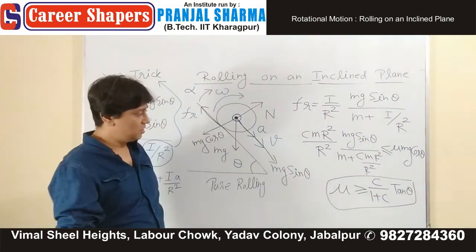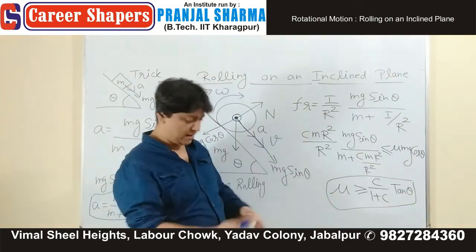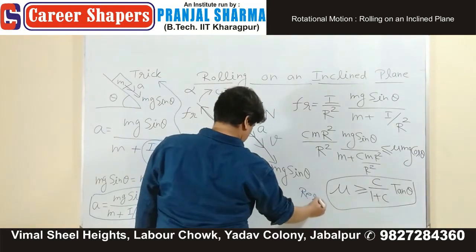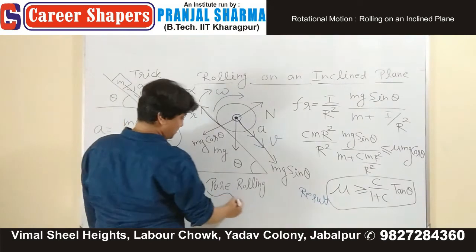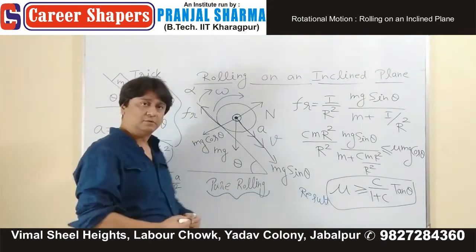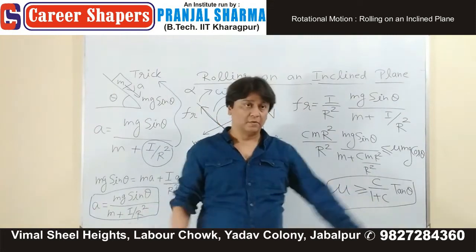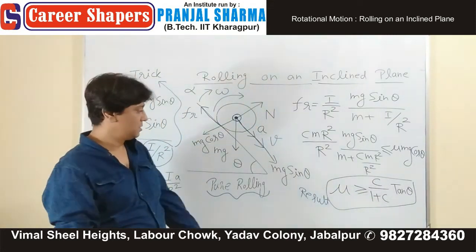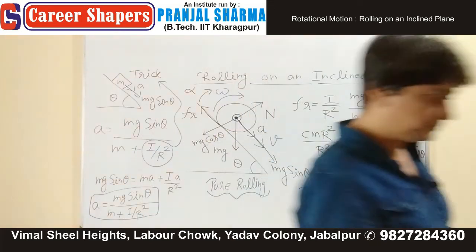But as of now, note down this and put the whole thing inside a boundary and write down result. And when you write result, don't forget to mention that this thing and this, they are for pure rolling part. Note on this.